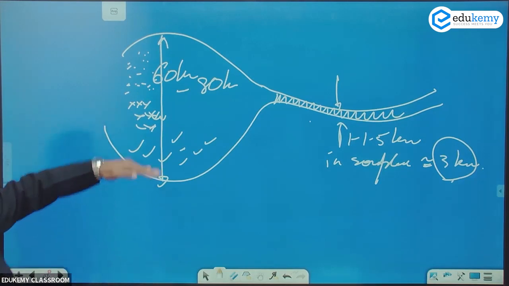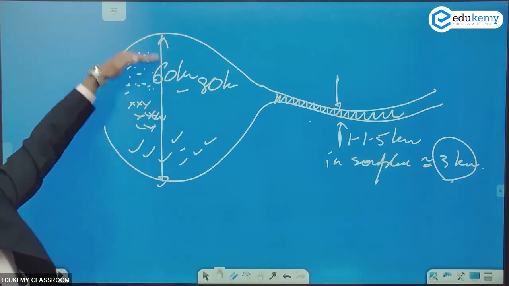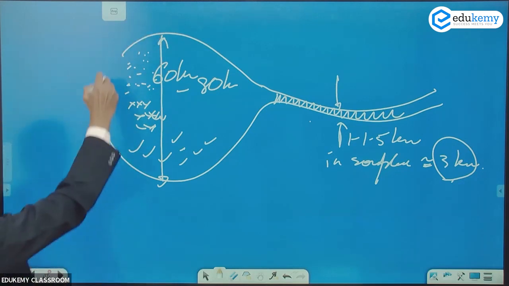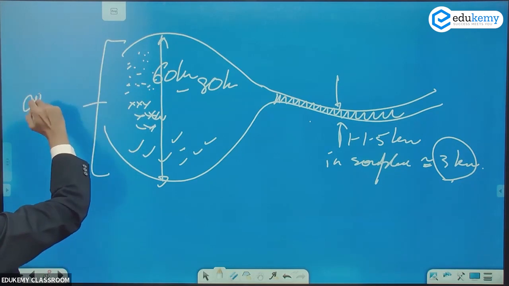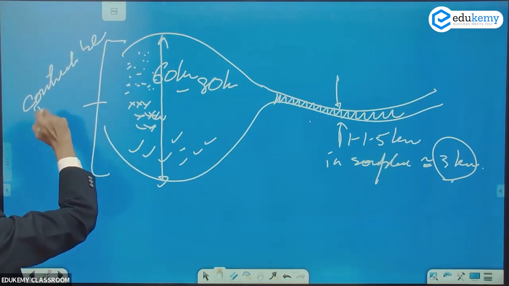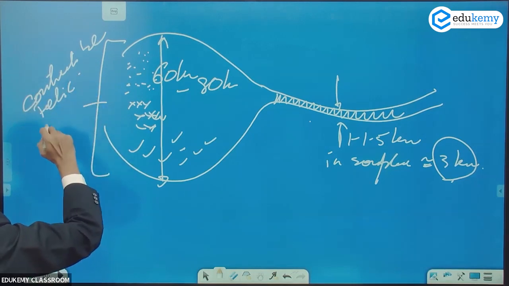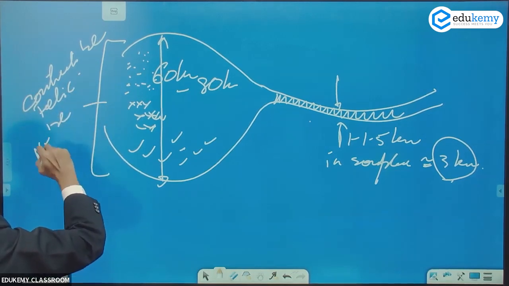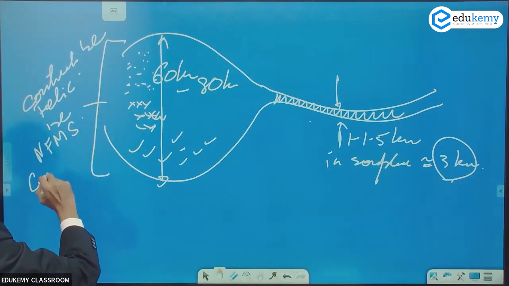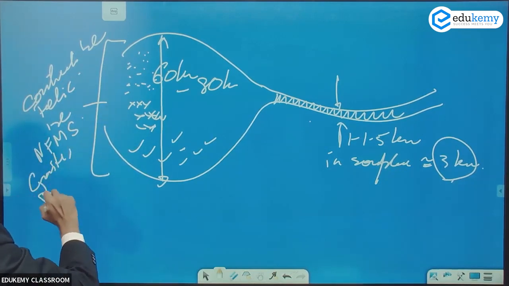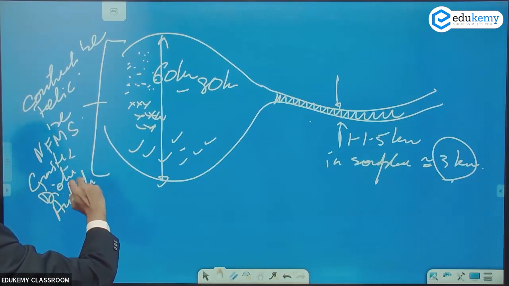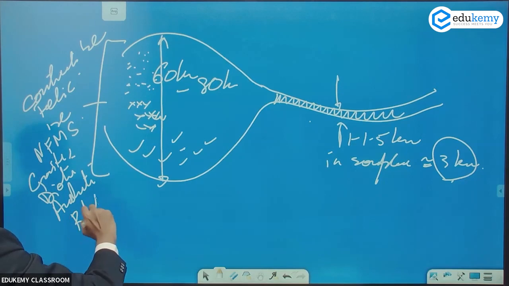In the continents, the range of rock types is more. Okay, so what happens? Although I'm saying that the continents are felsic, continents are non-ferromagnesium silicates, the continents are granite, diorite, andesite, and rhyolite.